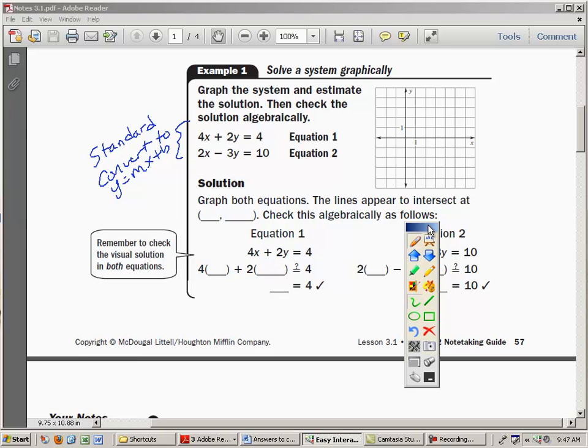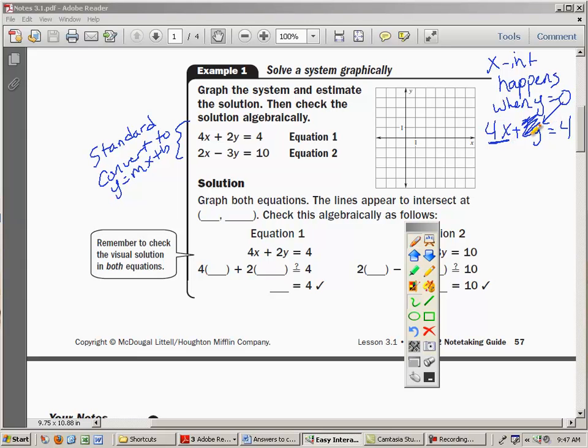So if you recall, the x-intercept of a graph happens when y is equal to 0. So for the first equation, 4x plus 2y is equal to 4. If I want to find the x-intercept of this, that means that y is equal to 0.